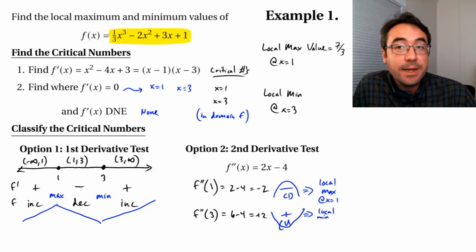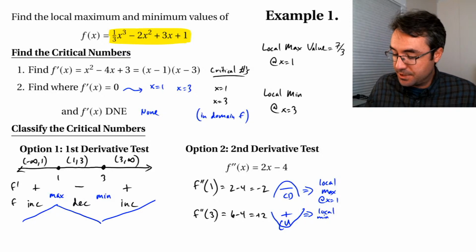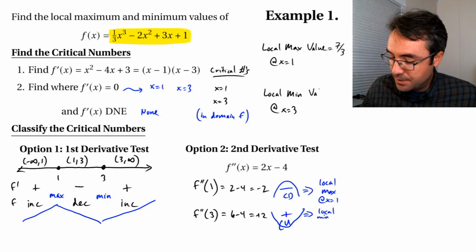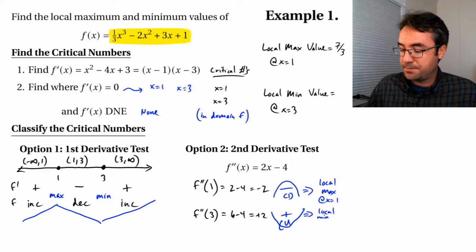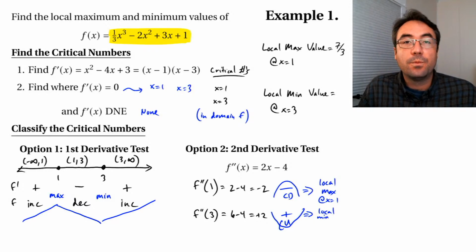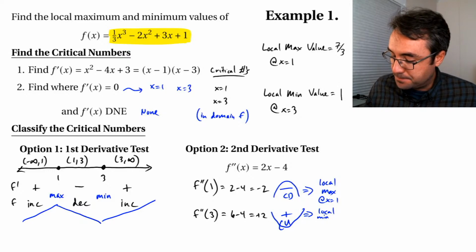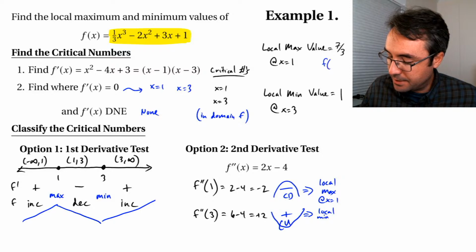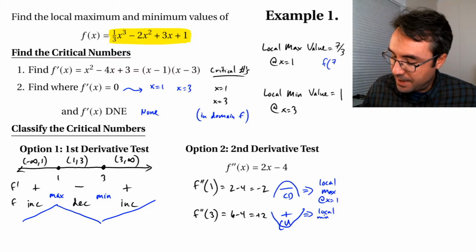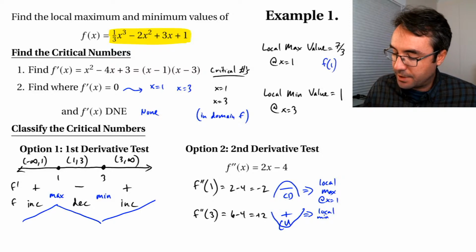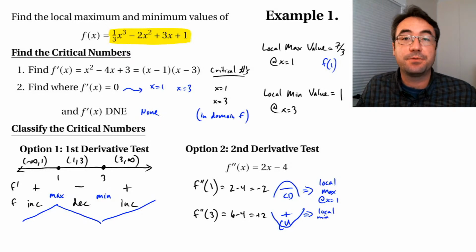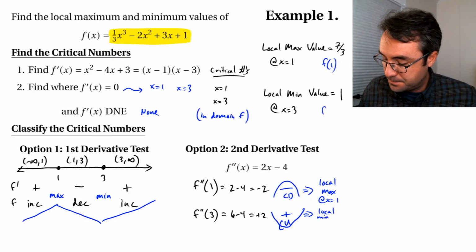If we were to plug 3 into that original function to get the local min value, we would get positive 1. So what we're doing here is plugging our x value into the original function.